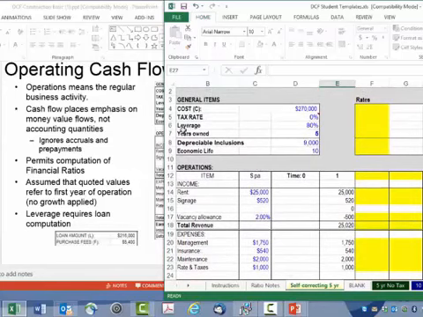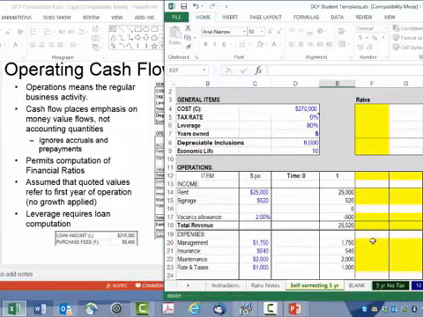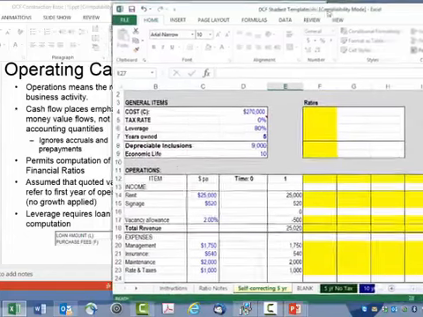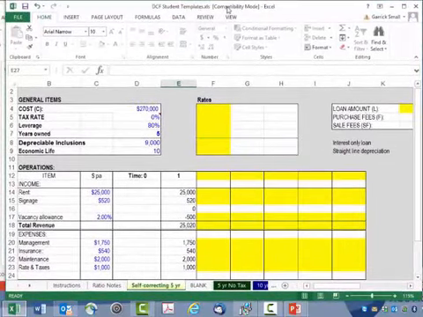Let's come back up here and we can see that we're saying that we're going to be borrowing 80% of the value of the property, 80% of the $270,000. And so we can work out the loan from that. The other thing we need is an interest rate. Now I'll just move this model into full view here.